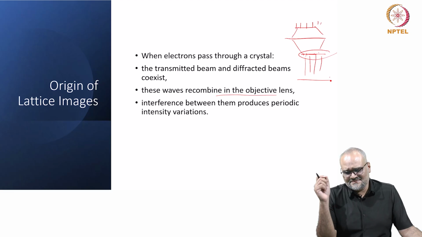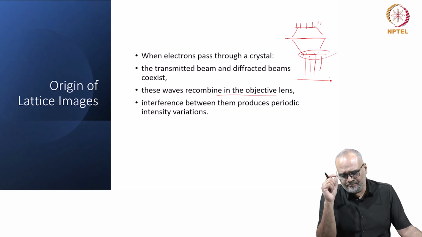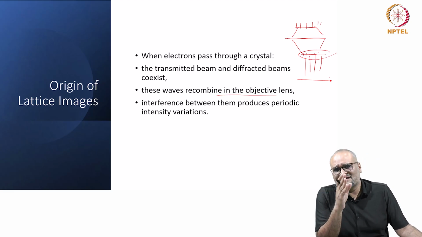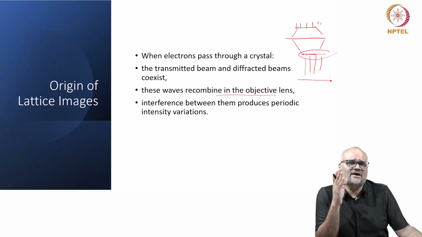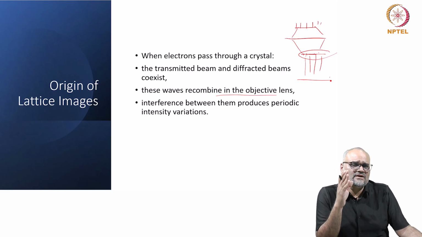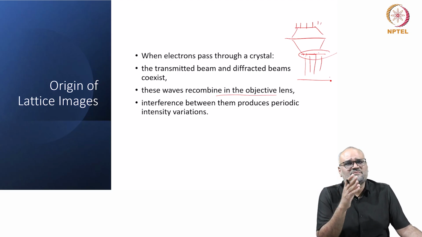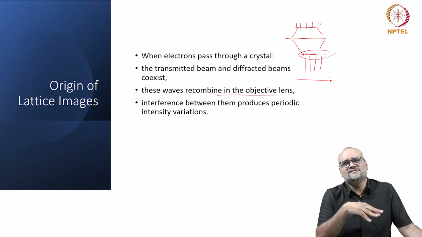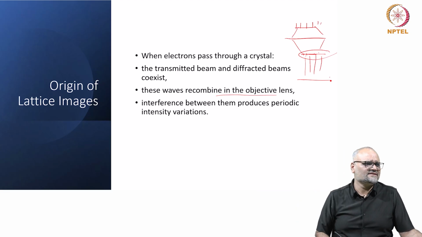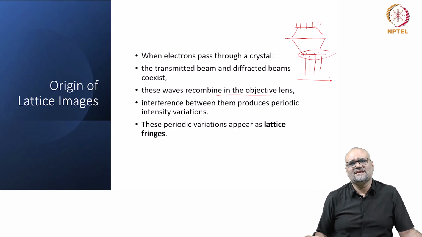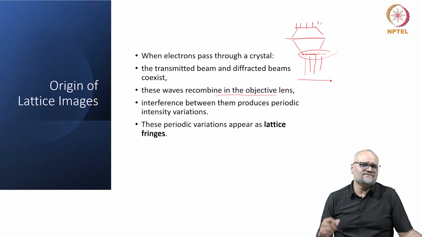So, the interference between these diffraction spots, or the forward scattered electron waves from the specimen, from the periodically arranged crystals, gives you a sort of periodic intensity variation. These periodic variations appear as lattice fringes.